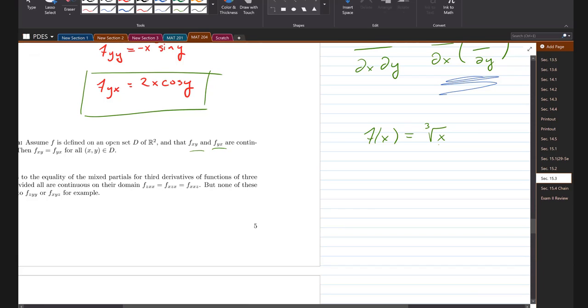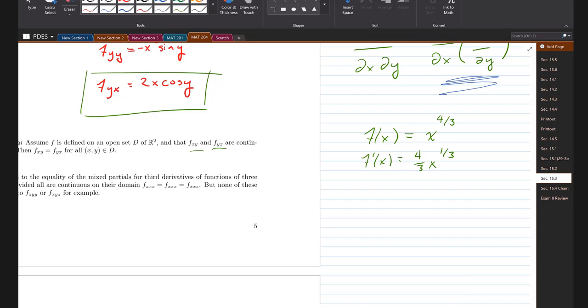This function, let's do another one. Let's do x to the 4/3 power. Okay? This function, nice continuous function, defined everywhere. We take its first derivative. That will give me 4/3 x to the 1/3. Nice continuous function.